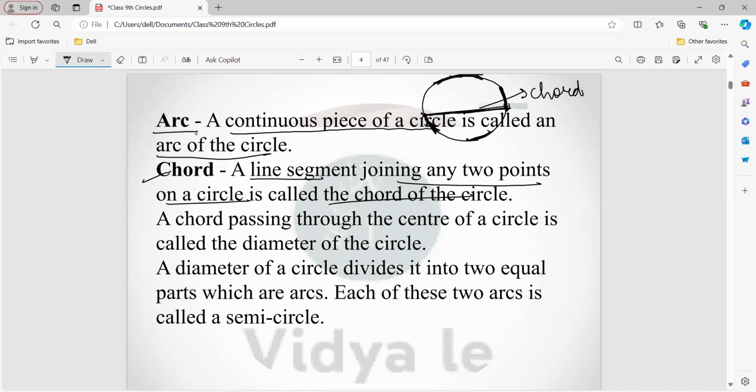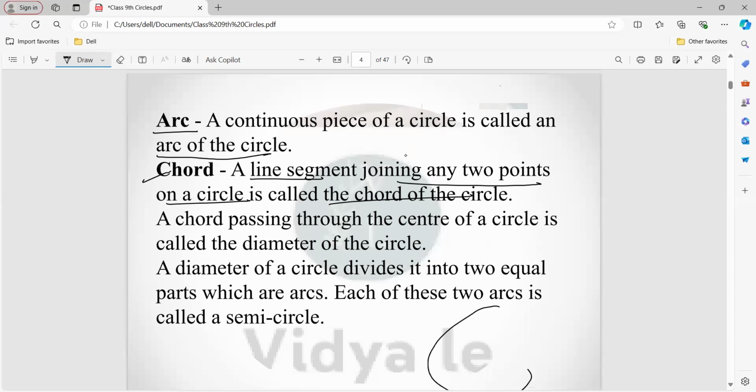Okay. And suppose I'm taking a circle, let me take a circle. So suppose I'm taking this circle.